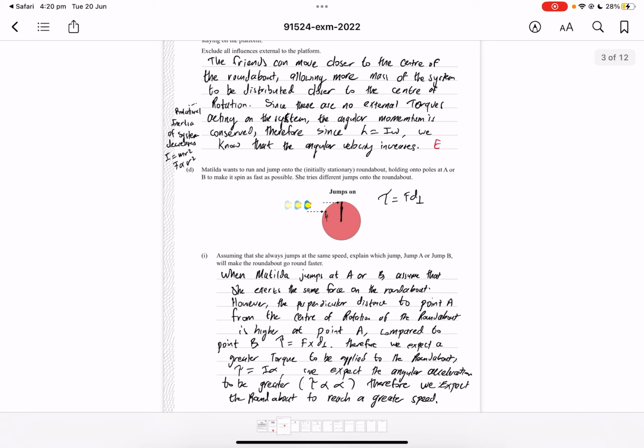So we talk about greater torque, and then hence a greater torque will imply that there's a greater angular acceleration. So therefore, the angular velocity will be higher. So that's the parts you need to mention for part I.